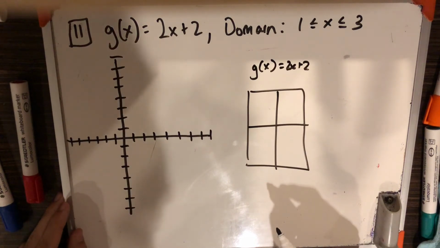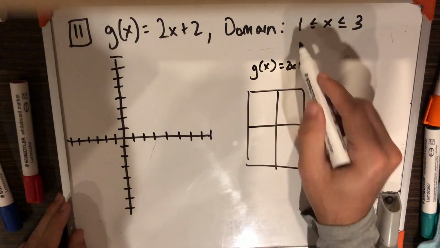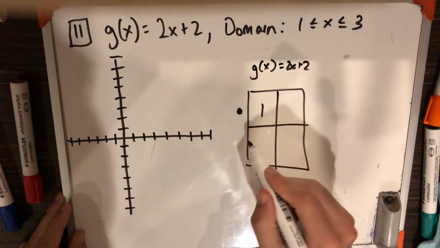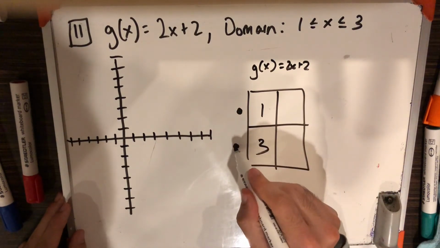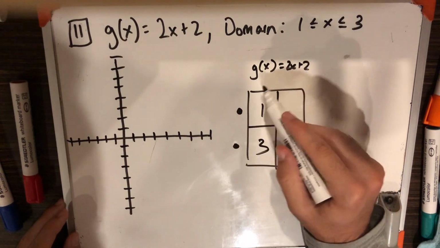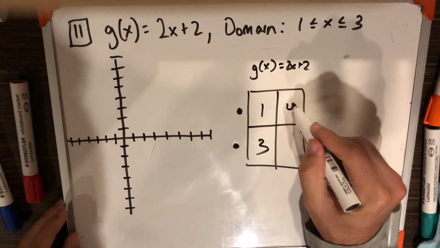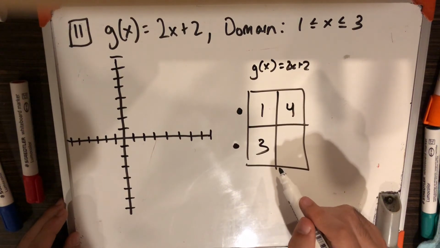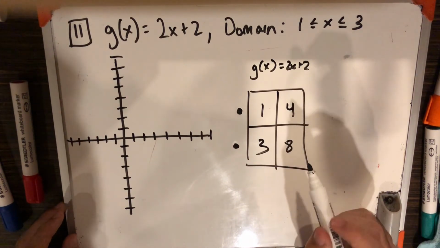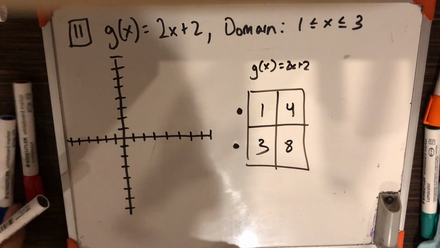Okay, again, let's include 1. Again, this would be a closed circle. When I plug in 3, that also should be a closed circle. What do we end up getting? Well, when I plug in 1, I end up getting 4 back. And when I plug in 3, I end up getting 8 back, right? Let's go ahead and graph this first, right?